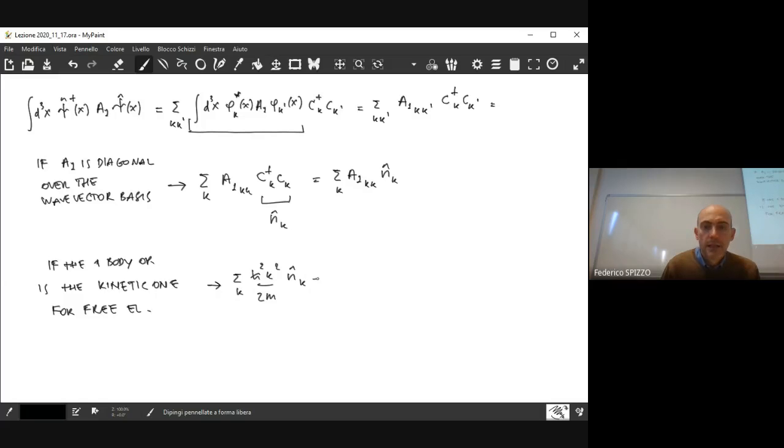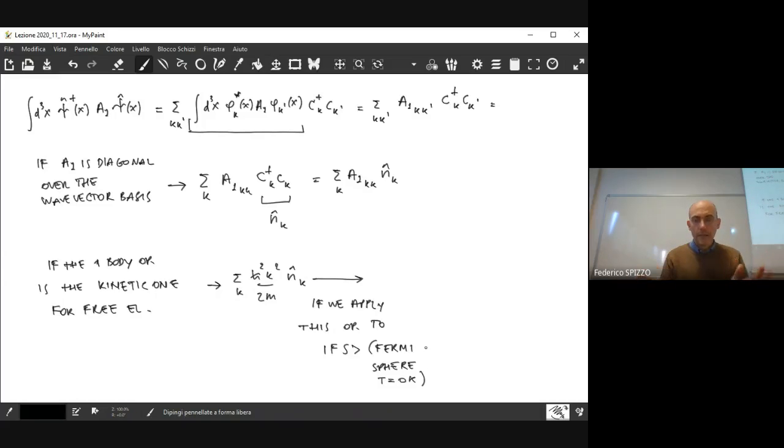So the idea is, if we apply this operator to this vector, and this vector is the Fermi sphere, the Fermi sphere completely filled, at 0 Kelvin, just a sphere including the filled levels, and all the empty levels are out of the sphere.